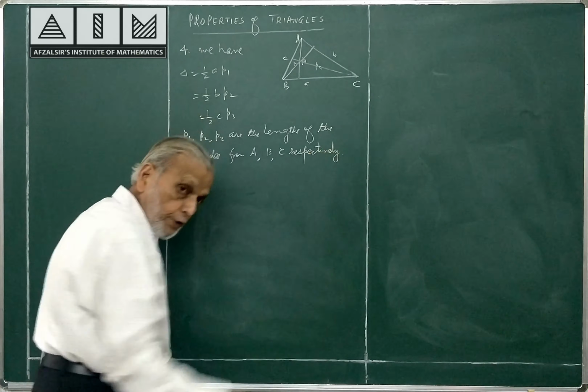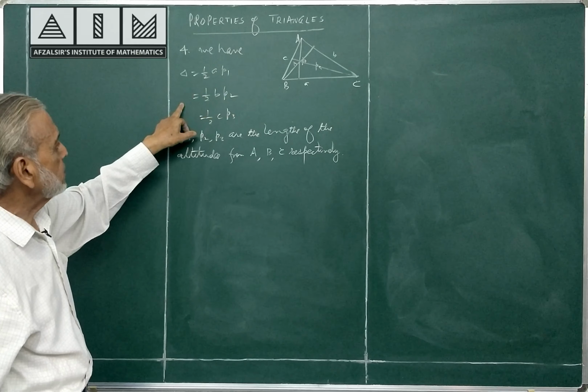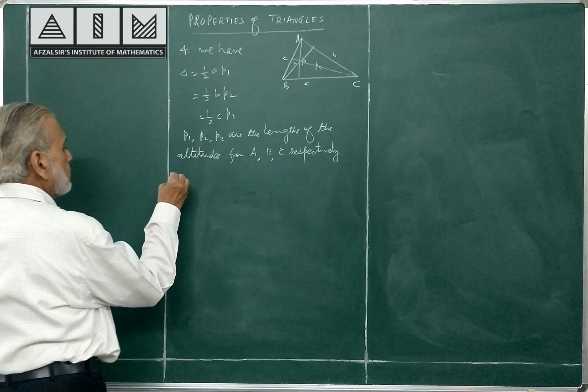The purpose of showing this is delta is equal to half A P1, delta is equal to half B P2, delta is equal to half C P3. I am rewriting.